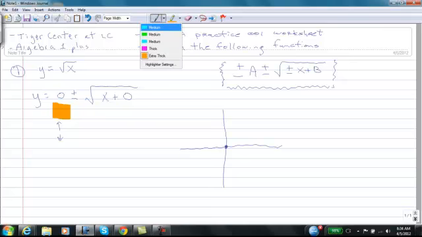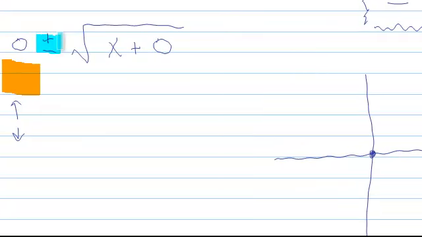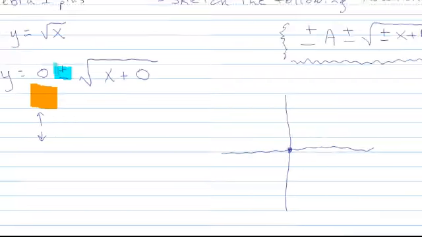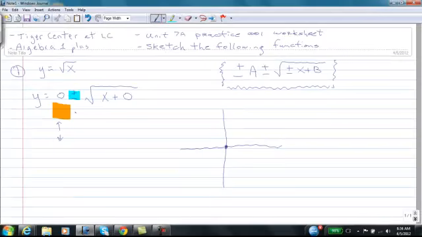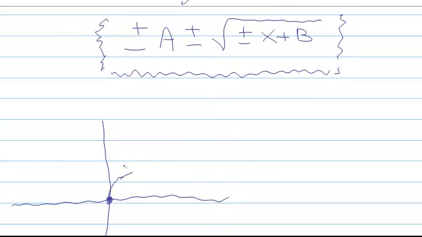Next thing we want to do, look at the plus or minus on the outside of the radical sign. Plus or minus on the outside of the radical sign showed whether it opened up or down. So this one opens up, so we'll just kind of start going up.